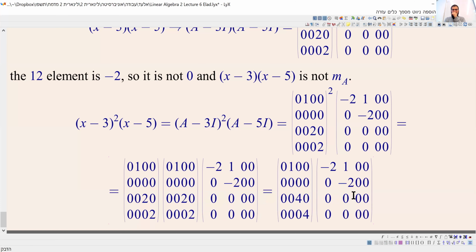Let's finish it. Wait, isn't it 0? No, it's not 1. It's my mistake. It's 0. This is the second one in the row, and it's the first in the column, so they're not meeting. And now it is 0.